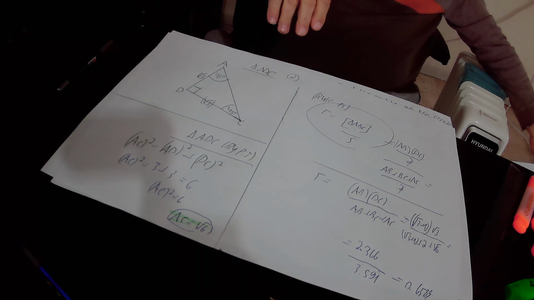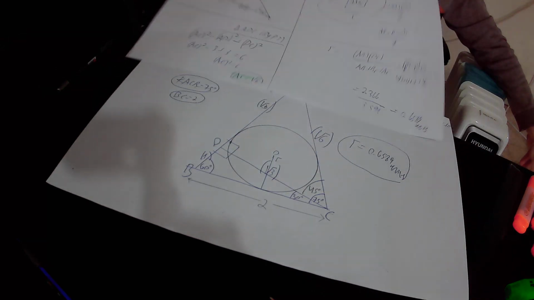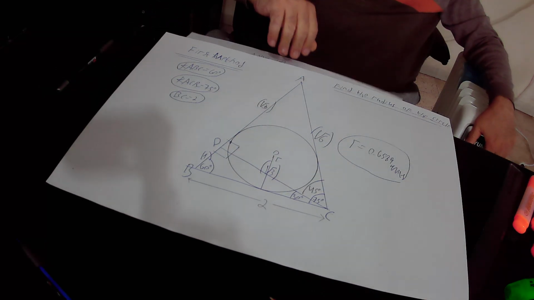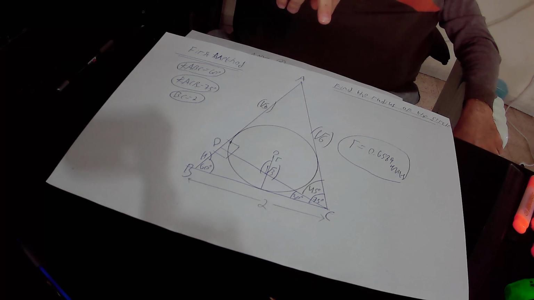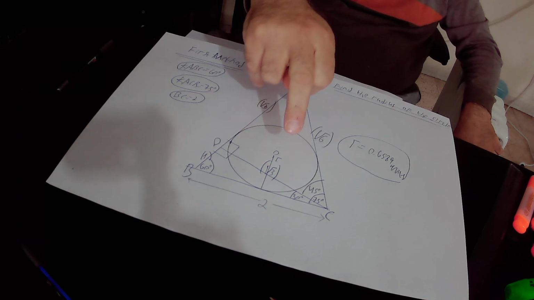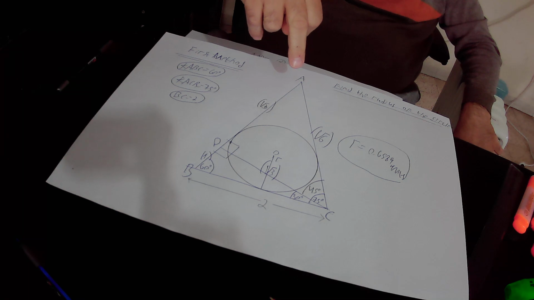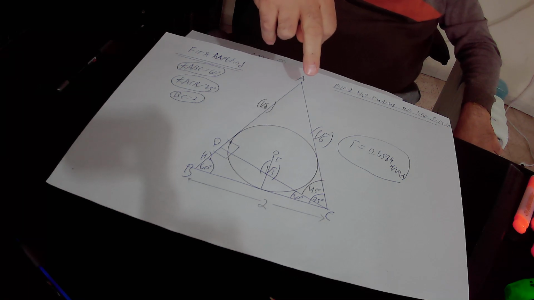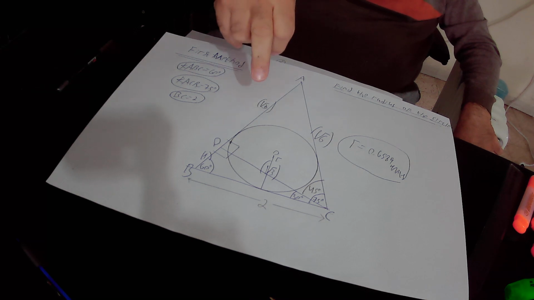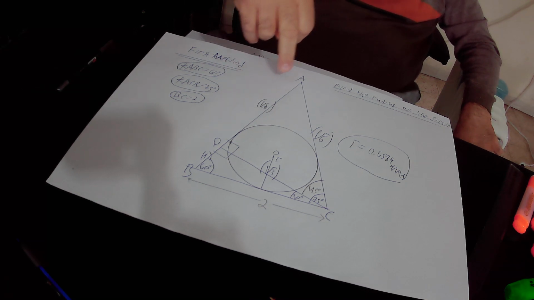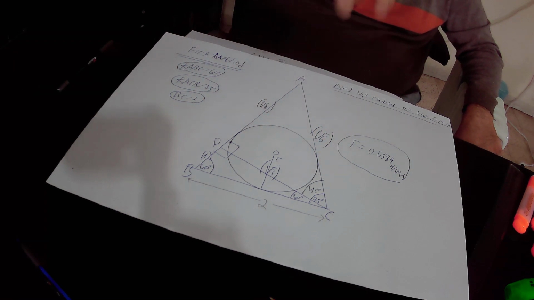Because in our drawing we know all three sides of triangle ABC, so we can calculate the semi-perimeter, and it is also very easy to calculate the area of this triangle. The area of a triangle equals the base times the height to the base over 2.